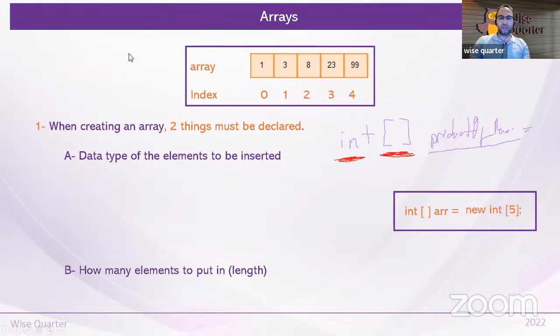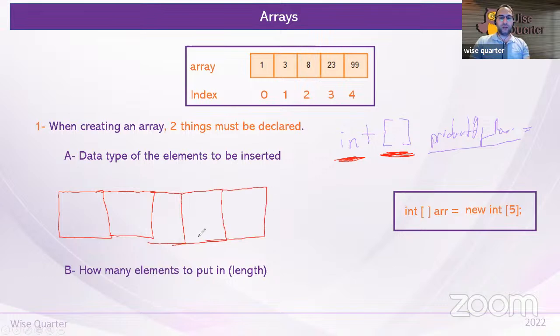The second one is the length. You should set the length when you are planning to create it. If you set 5, for example, array will have 5 empty places for integer numbers.